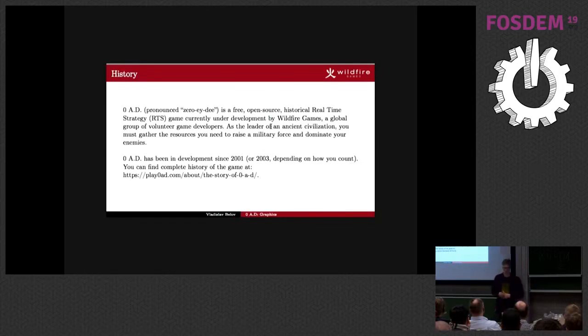Development started a really long time ago. First drafts were in 2001 or 2002. So we already have pretty old code in our repository that we should support, and we try to improve it, but we still have it. So it makes sense.